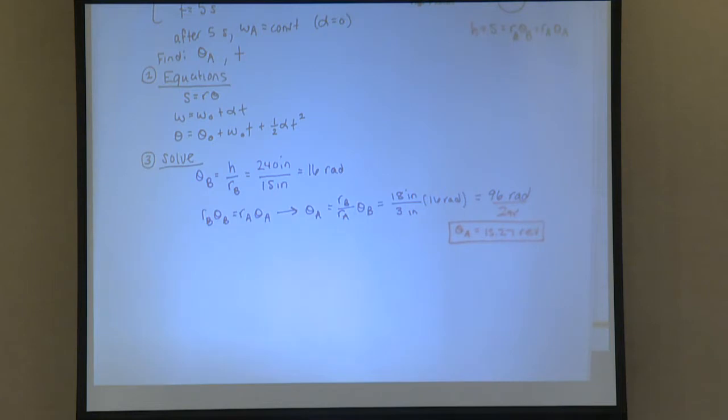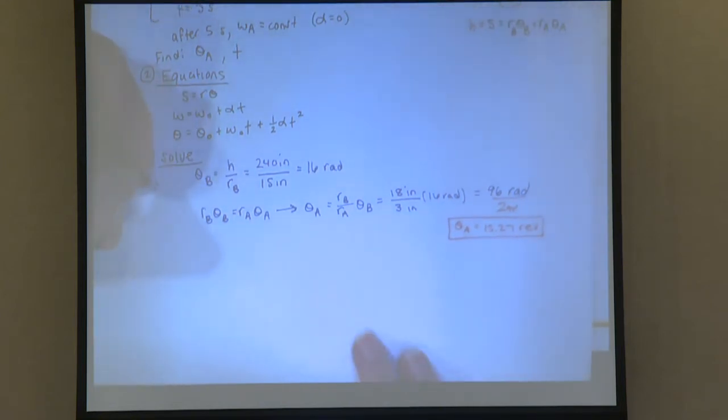For the next part of the question, we have to find the total time it takes to raise the load. We already know it takes 5 seconds for the constant acceleration part. So whatever we end up getting, we have to figure out the time it takes for it to raise it for the constant velocity or angular velocity part.